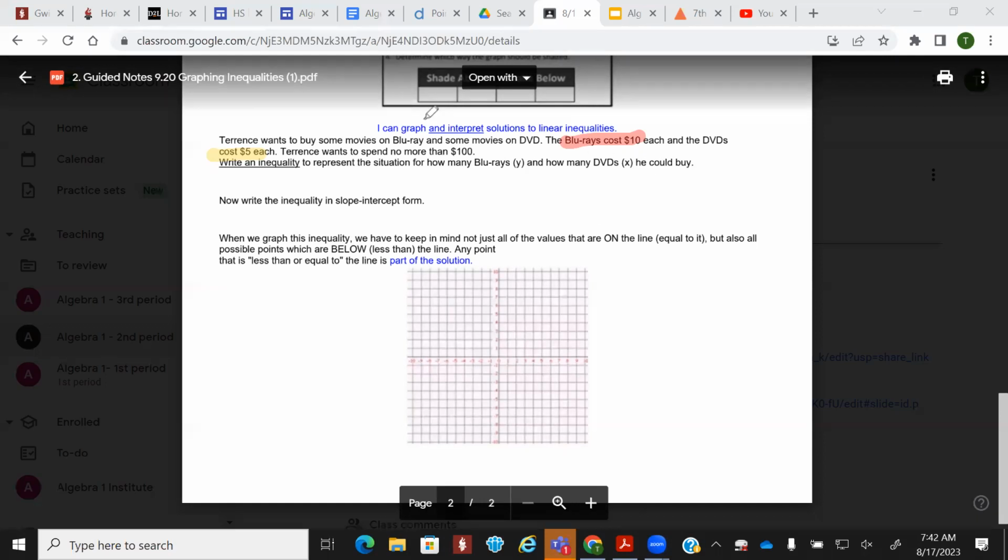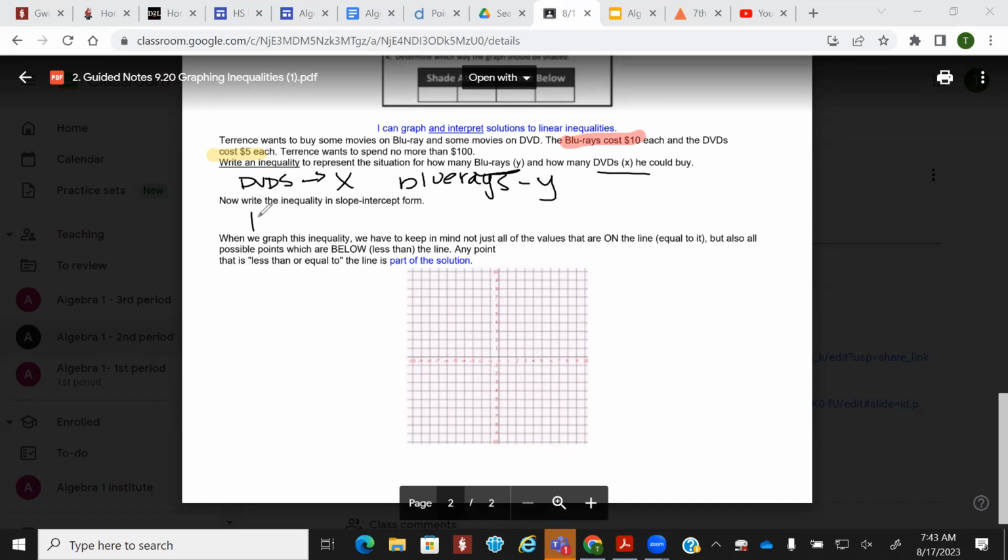So really quick, right here, they told us what each variable represents. They said that DVDs are your x's and Blu-rays are your y's. That's really important. It matters which one is which. Now, how much did they say each Blu-ray cost? $10.